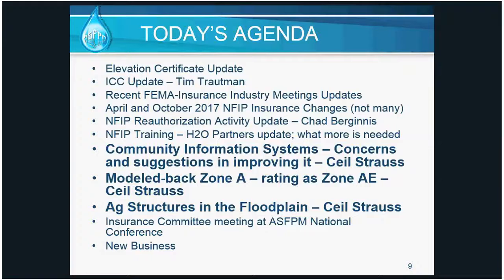One of the big complaints on the community information systems that a couple different people brought up was that they'll be entering all kinds of information into the system, go to take a phone call, or walk away from their desk and come back, and the system's timed out and they've lost all the information they entered. So there's a lot of just those kinds of things that have been concerns in getting the systems updated.